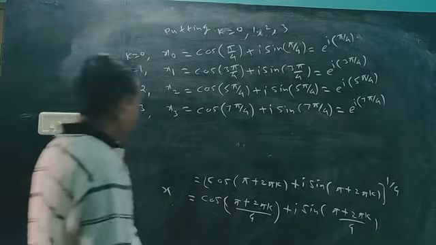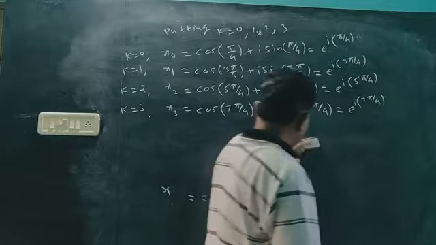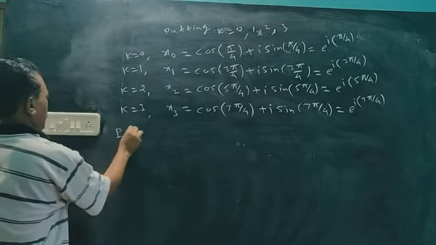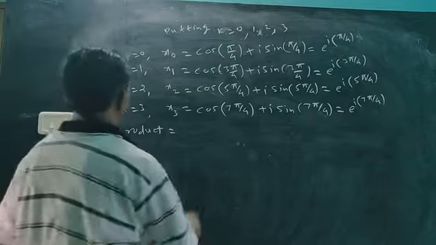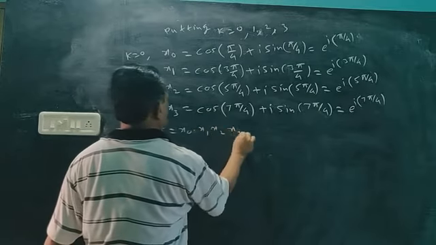Now I want the product of these, which should be unity, 1. So now the product of these four values, x0, x1, x2 and x3.